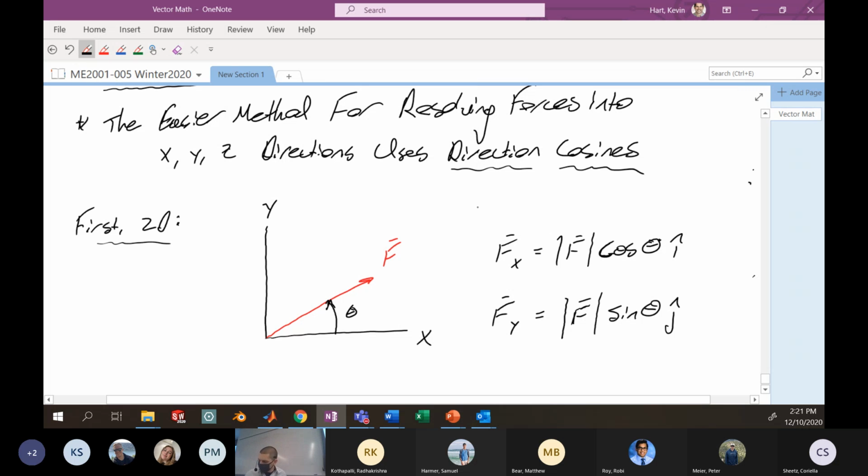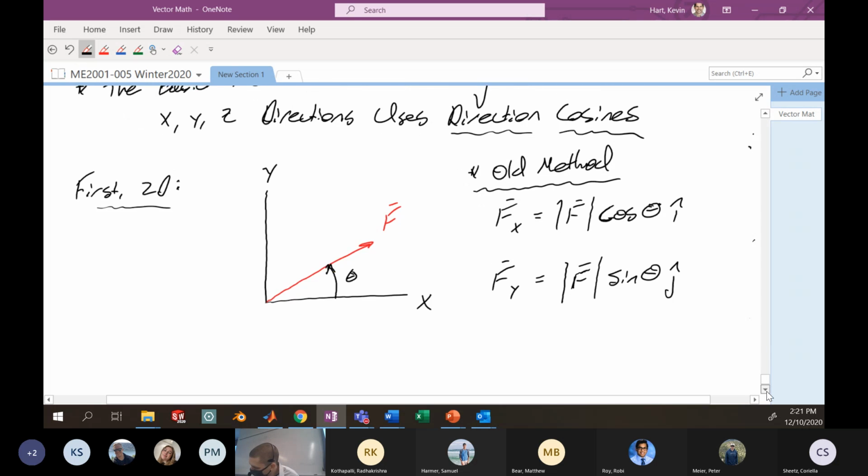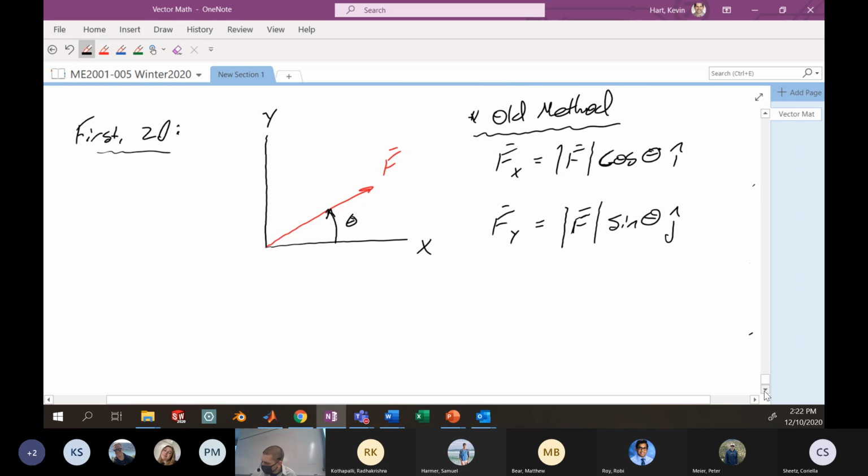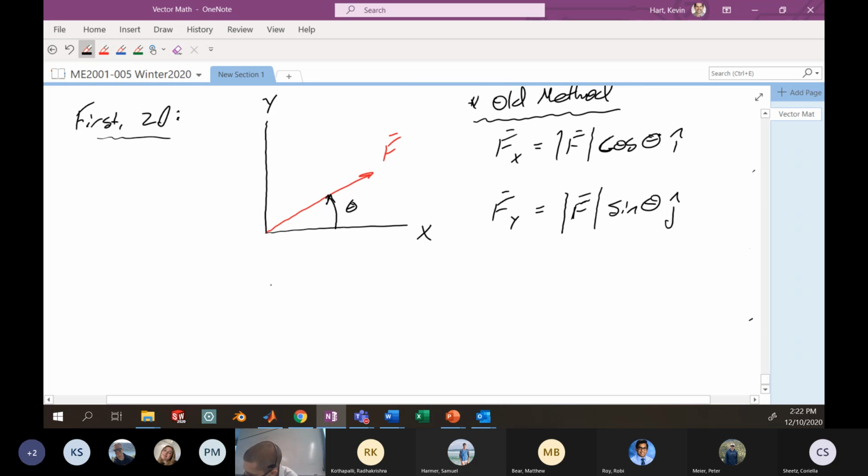This is what we saw in 2D, the old method. And it's a good method. Nothing wrong with this. I think it's pretty easy to understand, execute, and work with. But I want to motivate and move towards working in 3 dimensions, and to do that, it's helpful to talk about direction cosines.